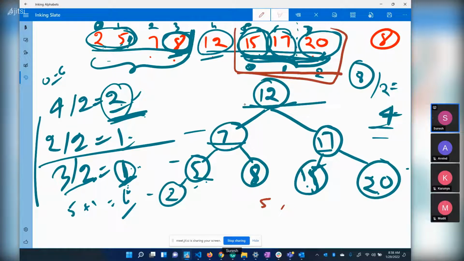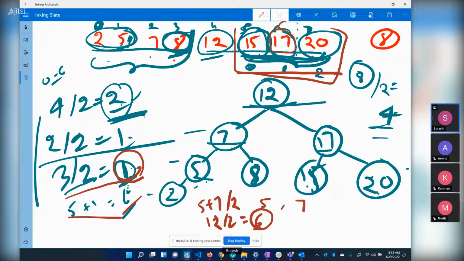So 5 plus 7 by 2, 12 by 2, gives you the exact middle index, which is 6, which is 17 here. The index is 6, right? This is another way of doing it. There are 3 values, 3 by 2 equals 1, and then add 1 to the starting index. That is also 6. Rather than counting the elements, we can do it this way as well.